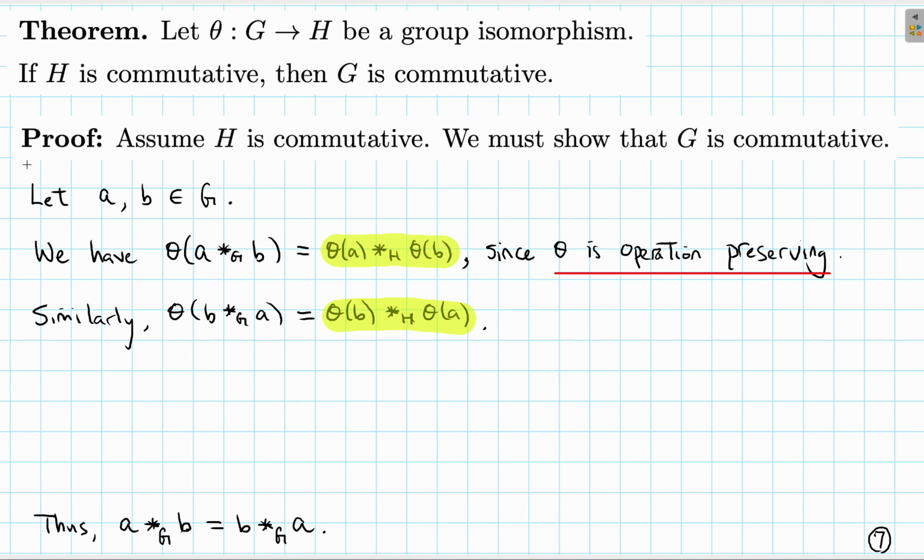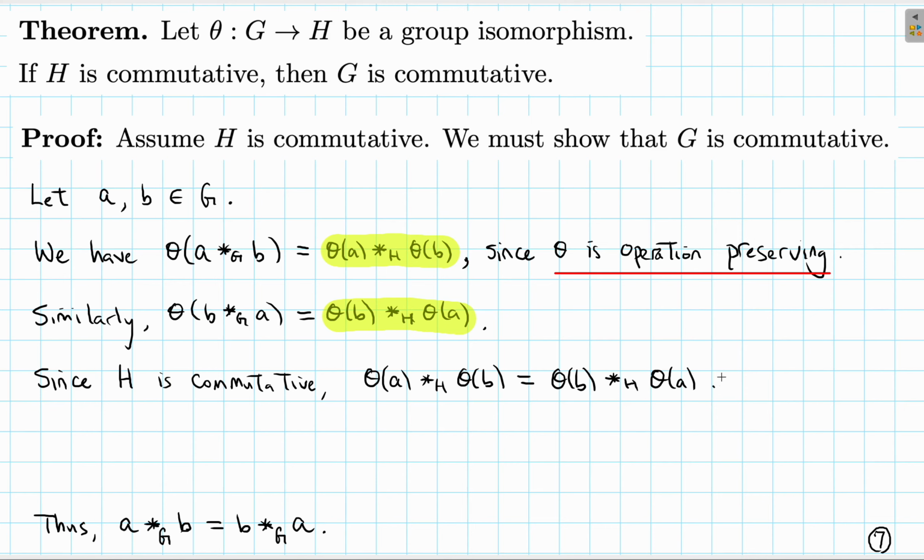So let's write that down. Since H, not theta, H is commutative, we have theta of A times theta of B, where that multiplication is taking place inside H, which is a good thing because we're using the fact that H is commutative. So that's equal to theta of B times theta of A.